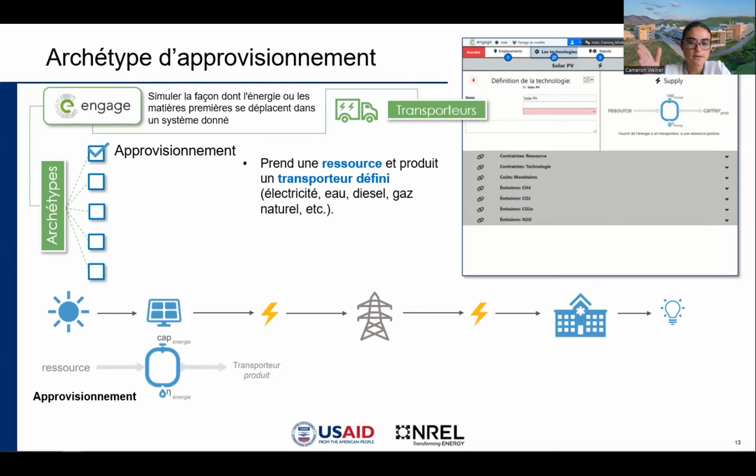The supply archetype, put differently, is the technology that introduces a carrier into your Engage model. In the case of our solar PV technology, this supply archetype will introduce electricity into the model using the sun as a resource.